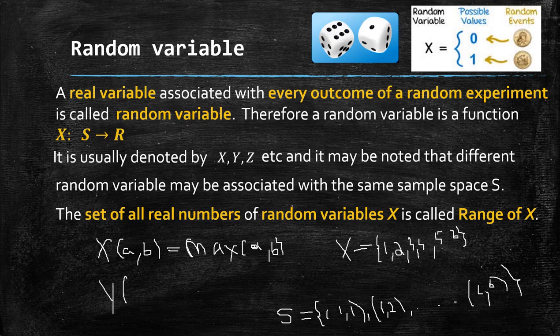According to the definition, Y is defined as the sum of a and b, a plus b, associated with each outcome. So Y of 1 comma 1 is 2. Y of 1 comma 2 is 3. Y of 2 comma 4 is 6. Y of 6 comma 5 is 11. Y of 6 comma 6 is 12.